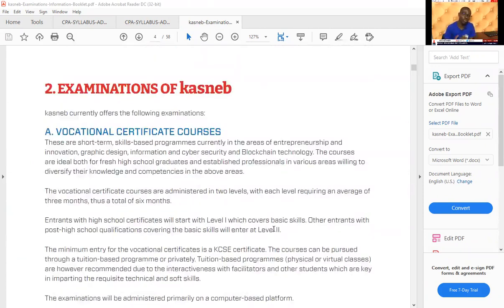And the beauty of it is that they have tried to forecast the future of accountants as well, whereby they have integrated some concepts in IT into accounts, which is a very good insight and a very good thing that Kasneb has done.